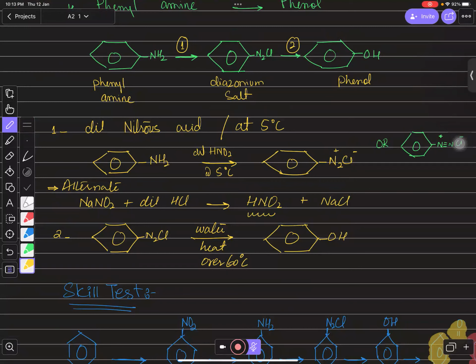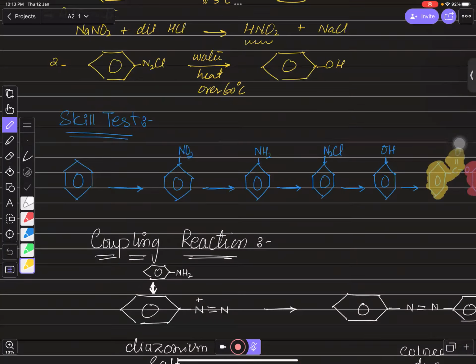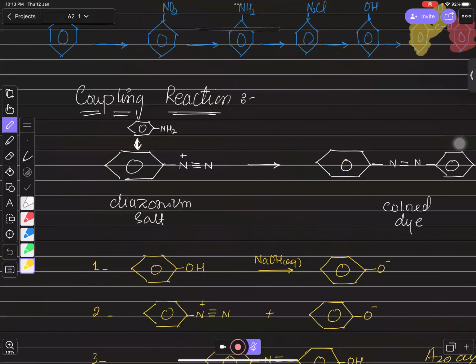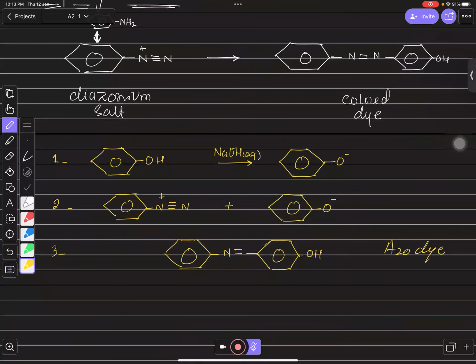You can do this in the presence of dilute nitrous acid and at 5°C temperature. Once you make this, you can convert this into azodye. This is one of the industrial uses of this compound. Everyone? Yes, sir. This is very simple, and you need to learn this.